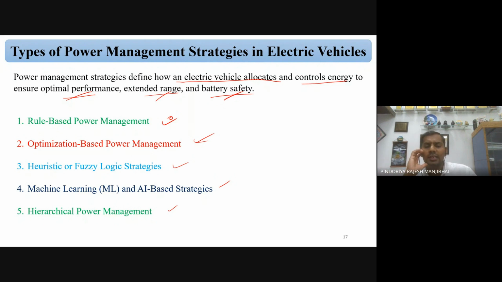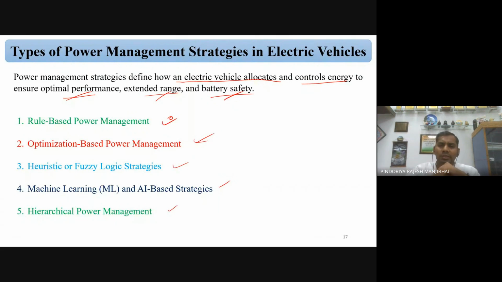Fuzzy logic strategy means maybe somewhere you can use it and maybe somewhere you cannot use it. That's fuzzy logic. Machine learning and AI based: depending on your previous experience and previous expenditure, you can predict the data. That is your AI and machine learning base. And the last one is hierarchical power management.